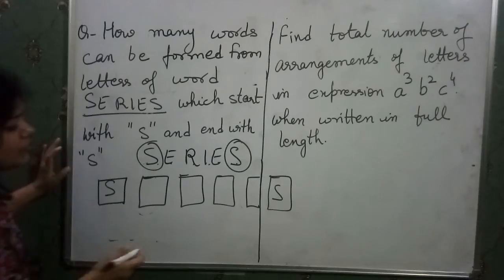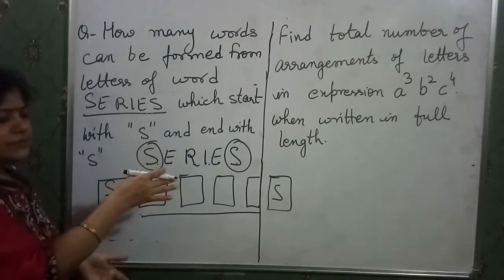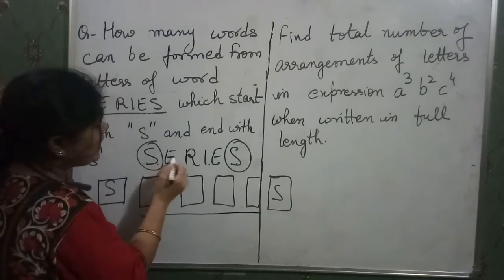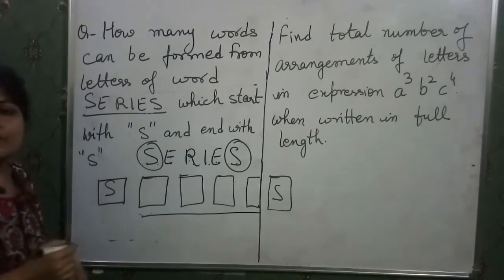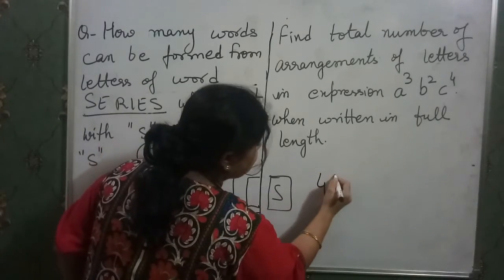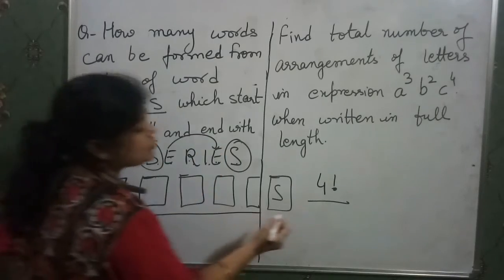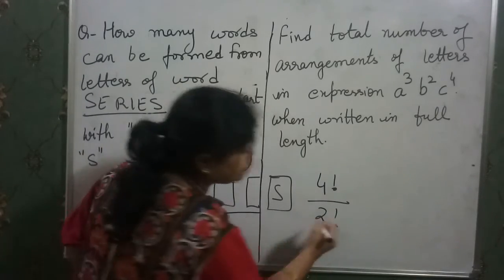Now the remaining boxes we have to fill with the remaining letters. So we have remaining letters 1, 2, 3 and 4. So our answer is factorial 4, but here we see that E is repeated, so we divide it by factorial 2.